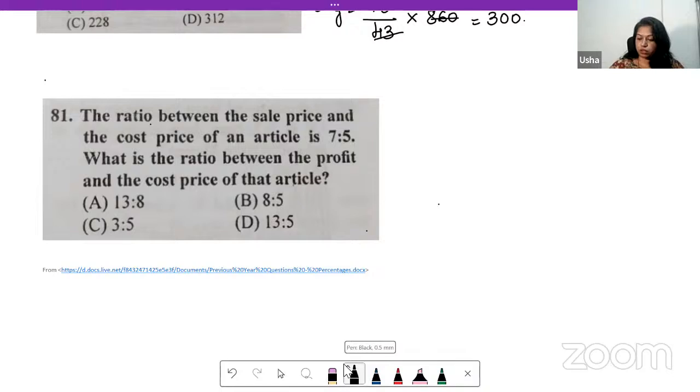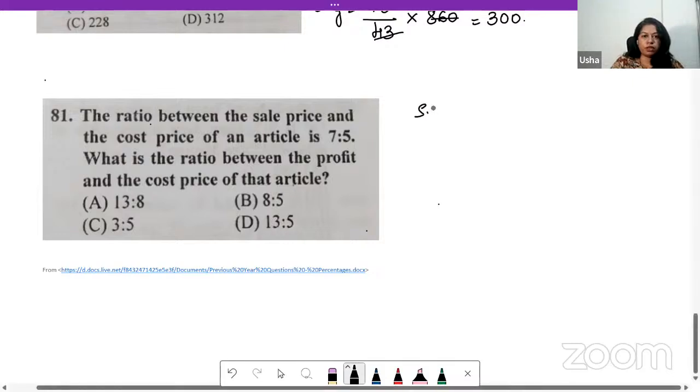So first find out how much is going to be the profit. So selling price and cost price ratio is 7:5. Okay, so let me take selling price as 7x rupees and cost price as 5x rupees.